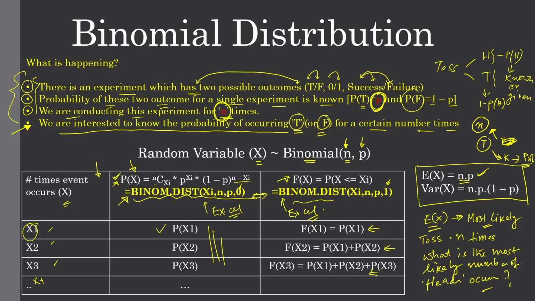So let us move on to the spreadsheet and solve the problem using binomial distribution there. After that, I will stop this video right here. In the next video, we will cover Poisson distribution because otherwise things will be too complicated for one video. So let us move to the spreadsheet now.